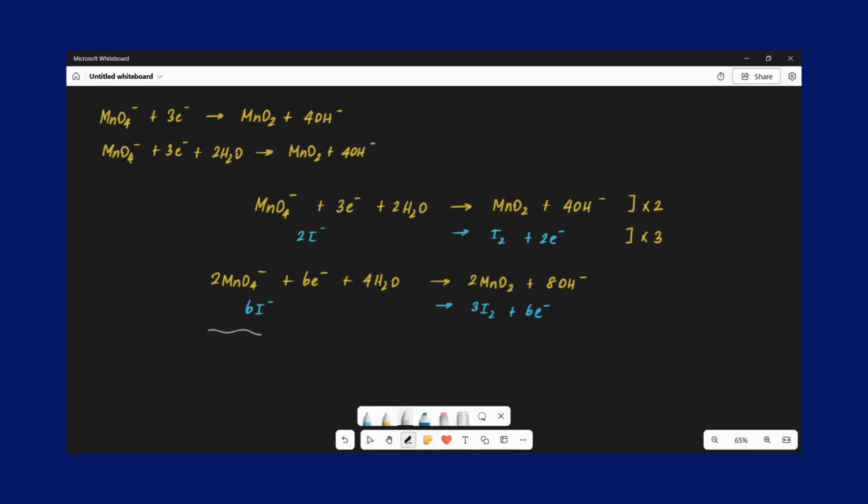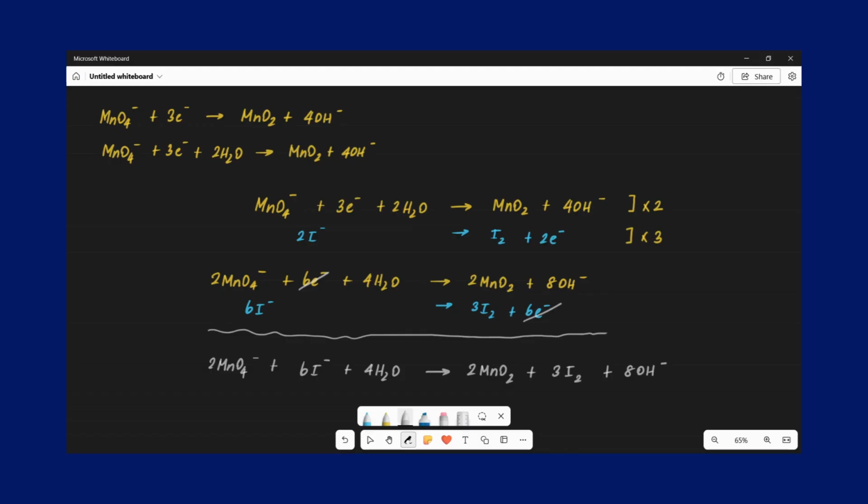The 6 electrons on the left and the 6 electrons on the right get cancelled. Then 2MnO4 minus plus 6I minus plus 4 H2O gives 2MnO2 plus 3I2 plus 8 OH minus.